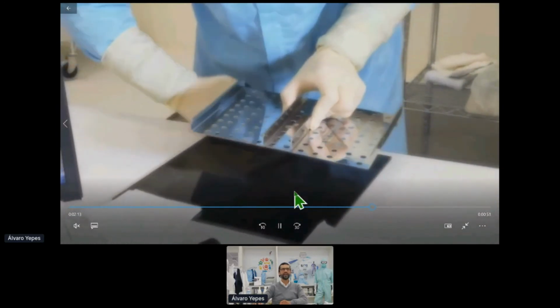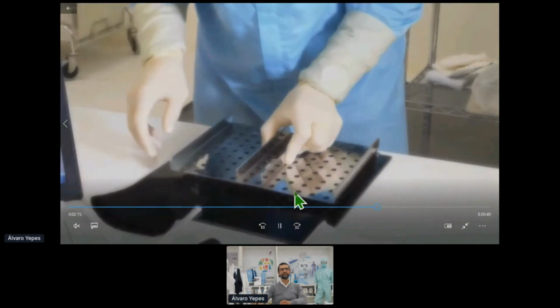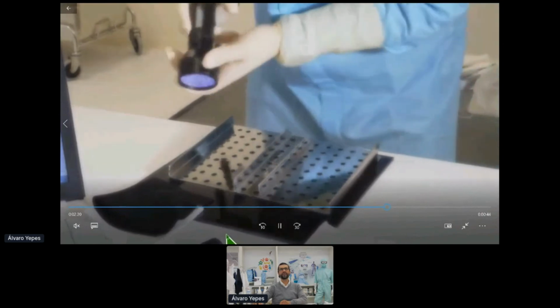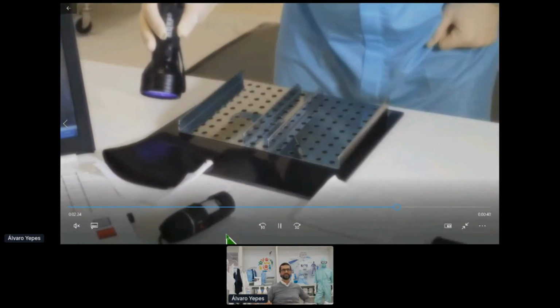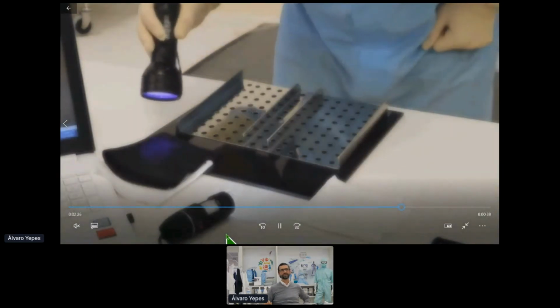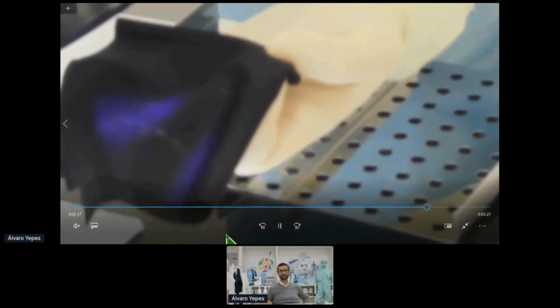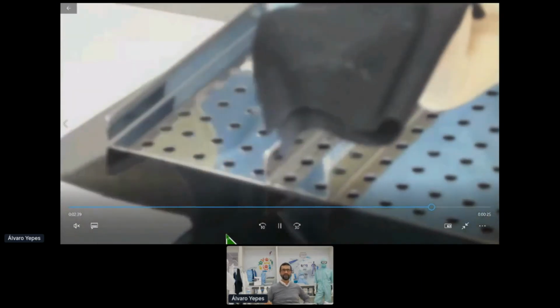We're using this black inspection wiper to wipe the two surfaces, and we will use the UV light afterwards to try to show you the particles. You can see in this one there are a lot of white particles, both fibers and particles, which at the end of the day are a vehicle for contamination to travel, and it may create a risk to the actual filling area.